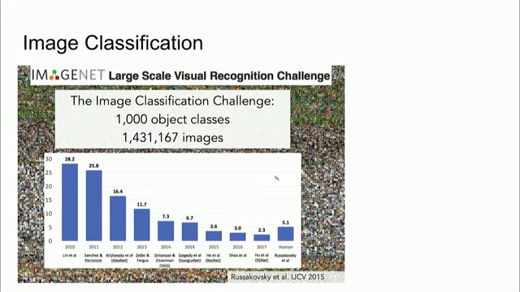As we can see in the rightmost column, the human error rate is around 5.1, and currently our deep learning models achieve a better error rate than even humans. We can notice that in the year 2012, the error rate drops a lot. That is the year that convolutional neural networks came into this task and achieved a very good result.